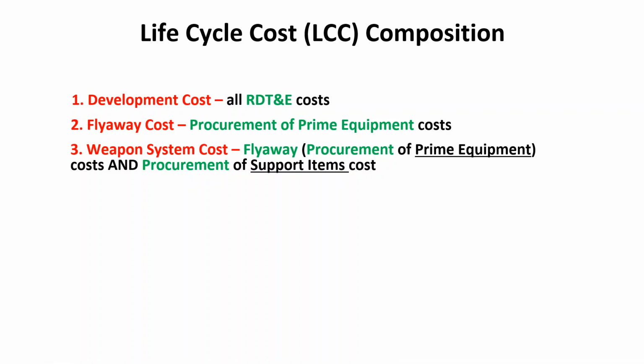Procurement of the prime equipment is my flyaway. If I say calculate the flyaway cost and I gave you all these dollar amounts, you need to be able to know that is the procurement dollars associated with prime equipment.